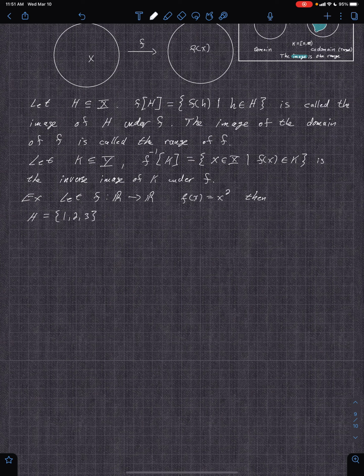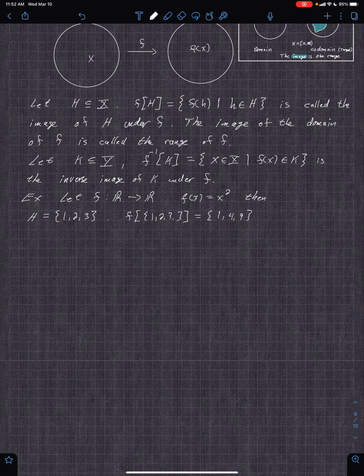Then if I said f of that set {1, 2, 3}, then we know what that set is. That is the set {1, 4, 9}.